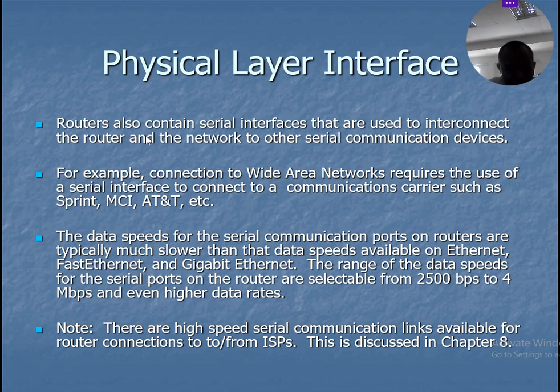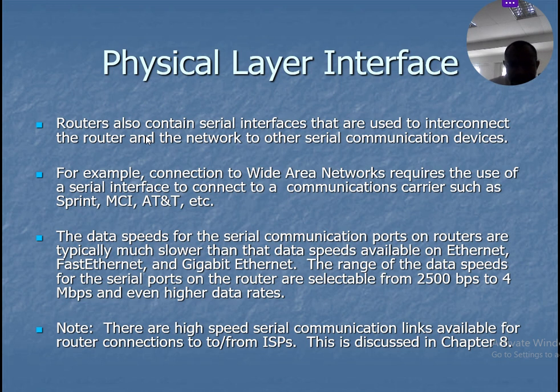These are different telecommunication companies. Now, the data speed for the serial communication ports on routers is typically much slower than the data speed available on the internet. The speed of the serial ports is slower than the typical fast Ethernet and gigabit Ethernet.